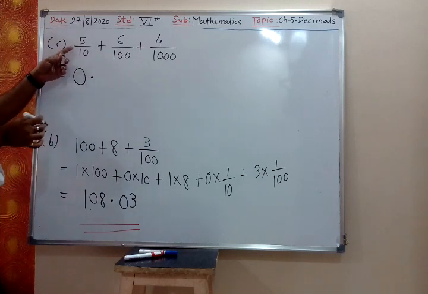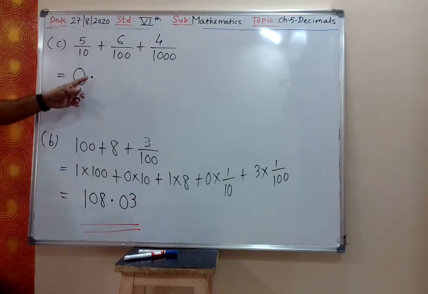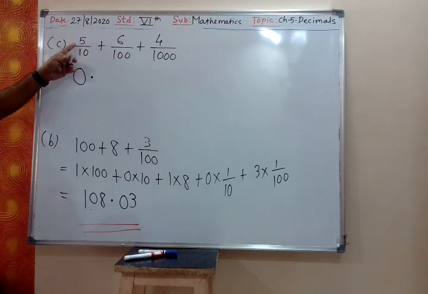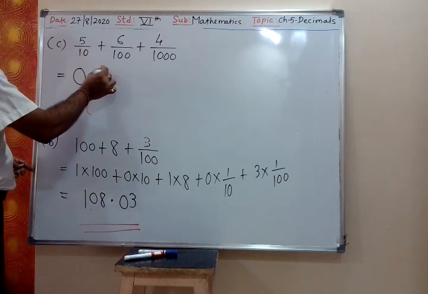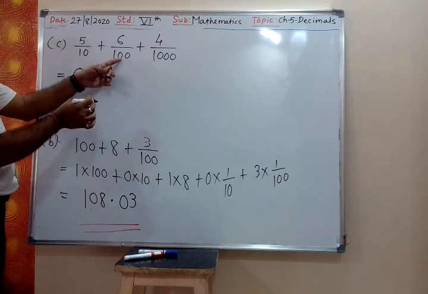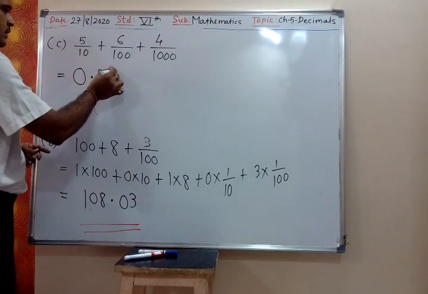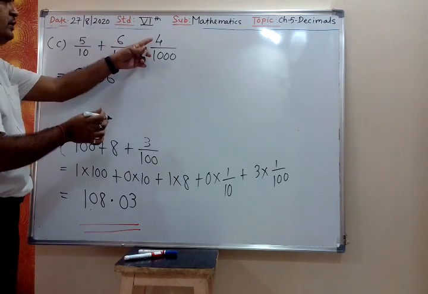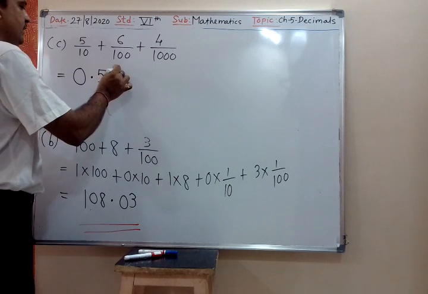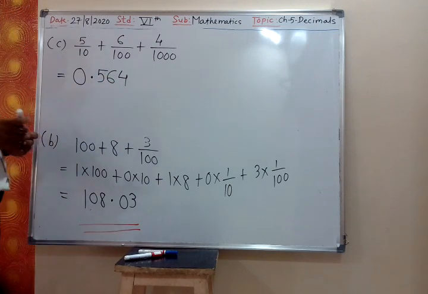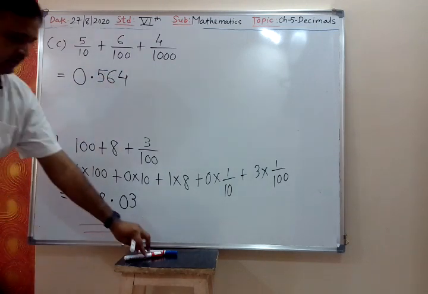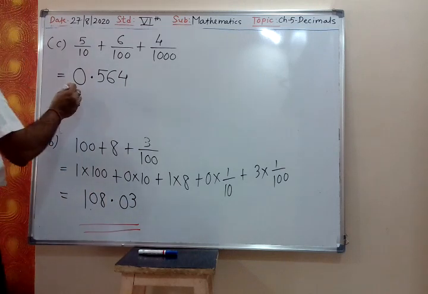Then the tenths position digit is 5, we write 5. The hundredths position digit is 6, write 6. The thousandths position digit is 4, we write 4. So the answer is 0.564.